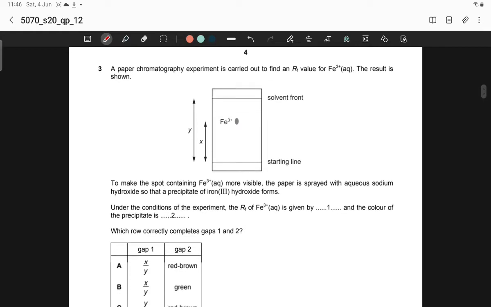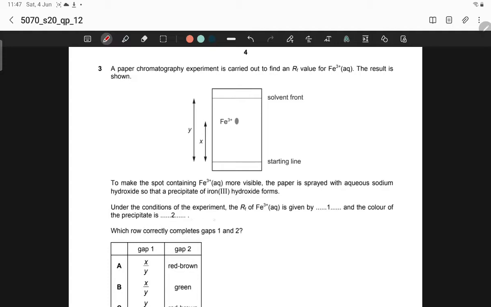A paper chromatography experiment is carried out to find an RF value of iron 3 ions. The result is shown. To make the spot containing iron 3 ions more visible, the paper is sprayed with aqueous sodium hydroxide so that a precipitate of iron 3 hydroxide forms.